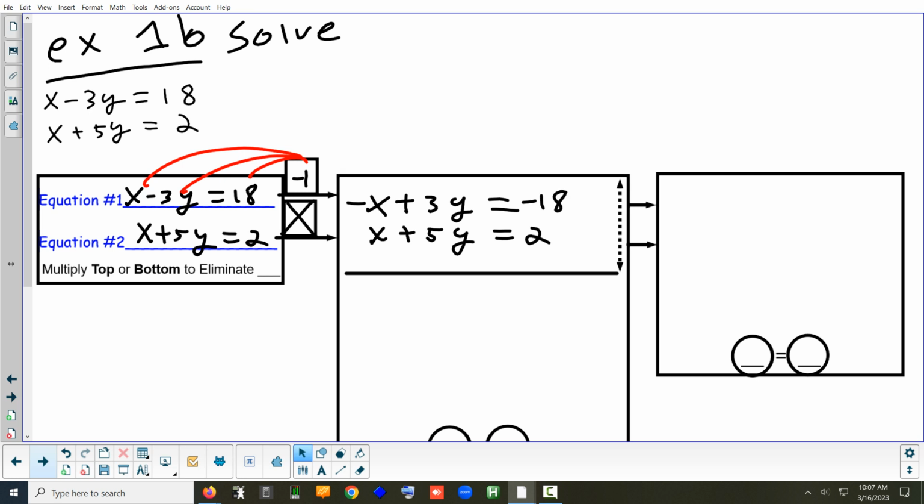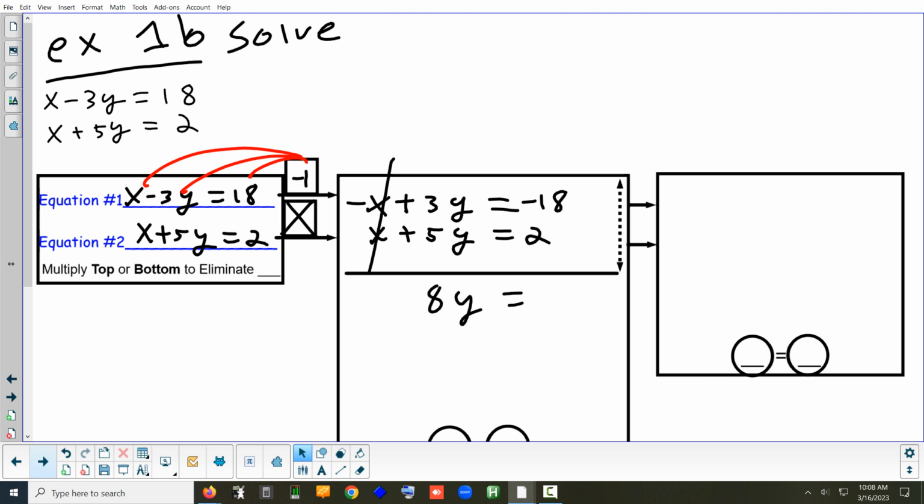Okay, so now if we did that first step right, you should have same letter, same number, different signs, and something should cancel out. Let's see. Michael, what do I get when I add up those first two, that first column? They cancel out. Those are gone. Michael, how about when I add up my second column? 8y.